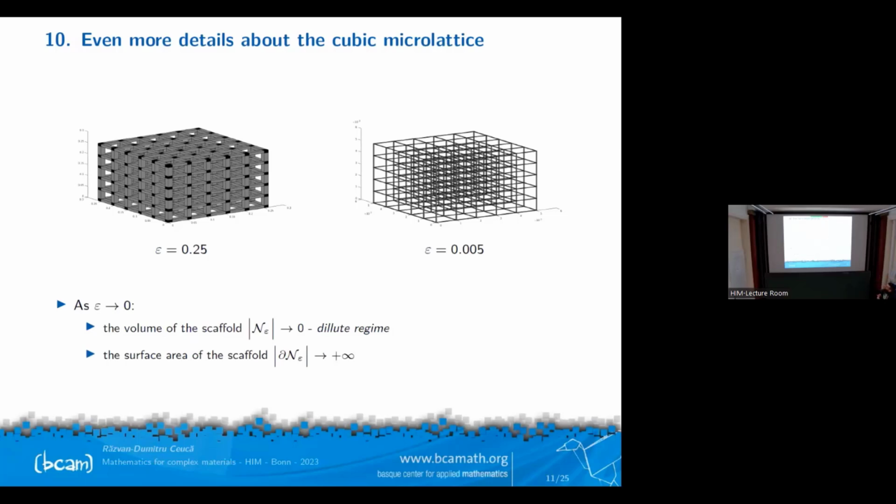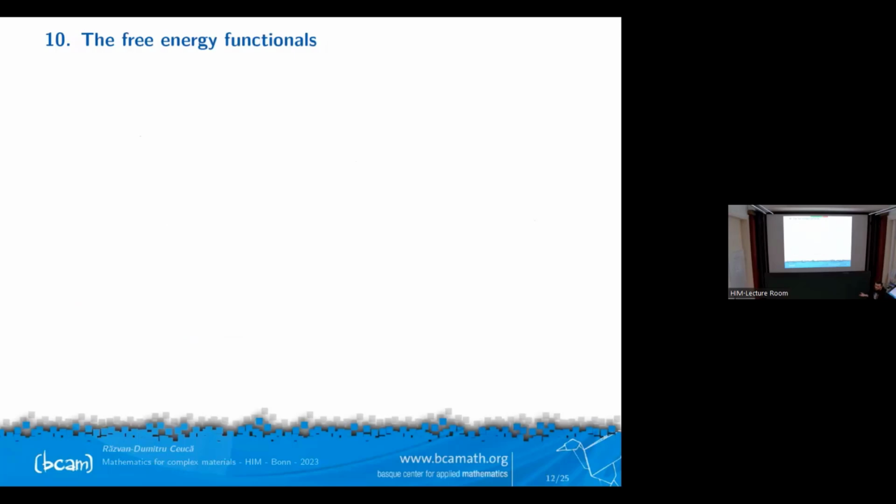So let's go more into the mathematical details, because we were discussing Landau-de Gennes. Let's see what our setting is. Again, we start with the container in R3, which is smooth and bounded. We don't care actually about the container. We denote N_epsilon as this cubic microlattice, which is epsilon dependent, that you have seen. And Omega_epsilon is the region filled with nematic liquid crystal, the air surrounding our room.